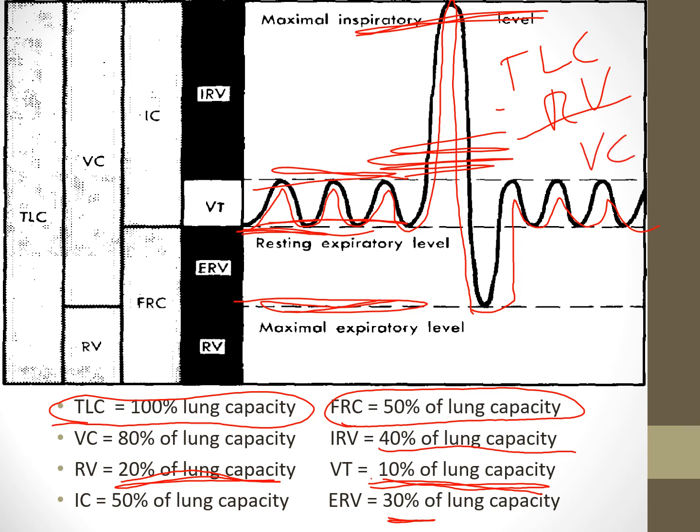Because that's what's left over. So TLC, and I subtract residual volume, that would be vital capacity that's left over. So make sure you know what constituents make it up, and then you draw your volume and capacity box, or you remember or are proficient with getting your volume and capacity box together.